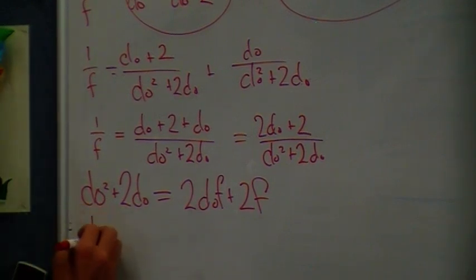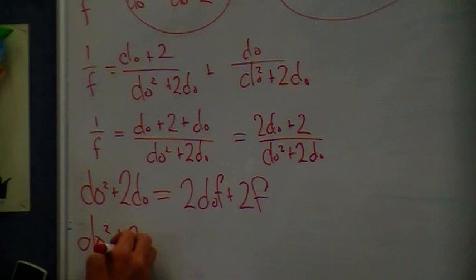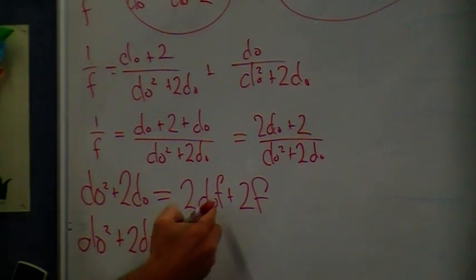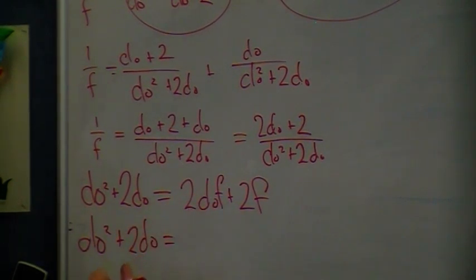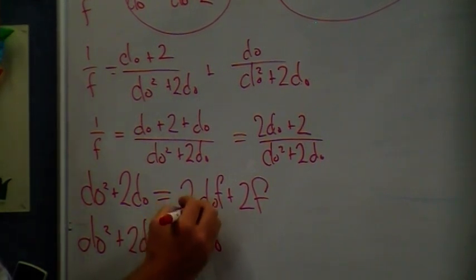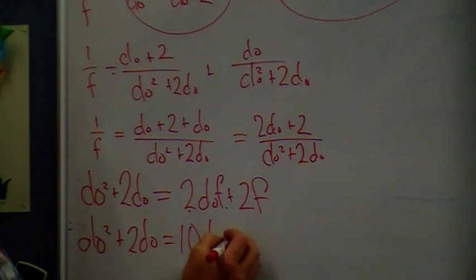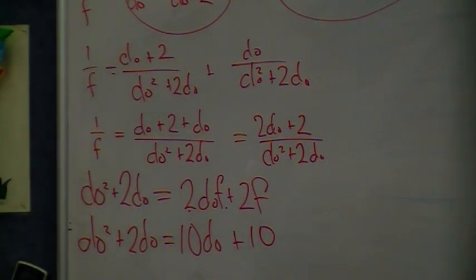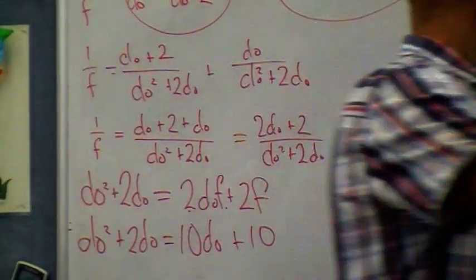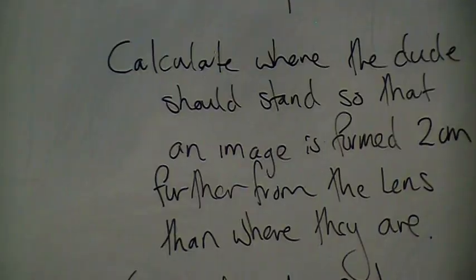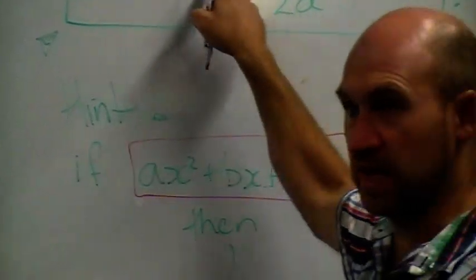So do squared plus 2do equals 10 do, because 2 times 5, plus 10. Now we want to get it into this form here. We want to make it equals to 0 so that we can kill it.